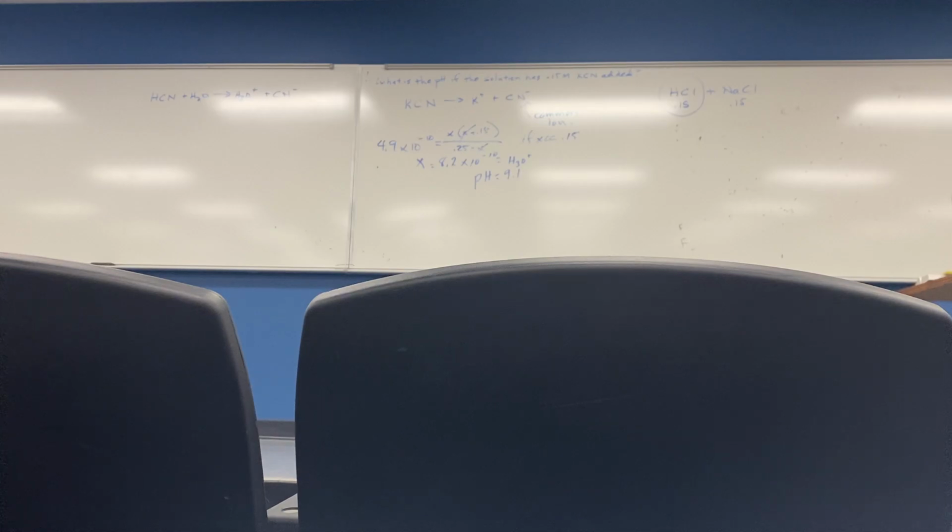What does that say about the bond? Well, first off, is it primarily reactant or product? With a K of 4.9 times 10 to the minus 10th, primarily reactant. It's mostly reactants, right?